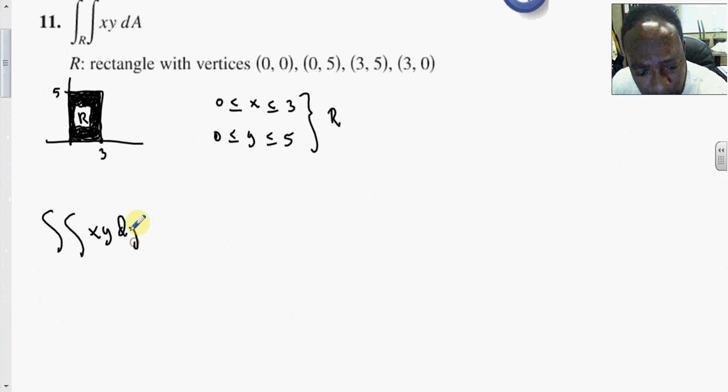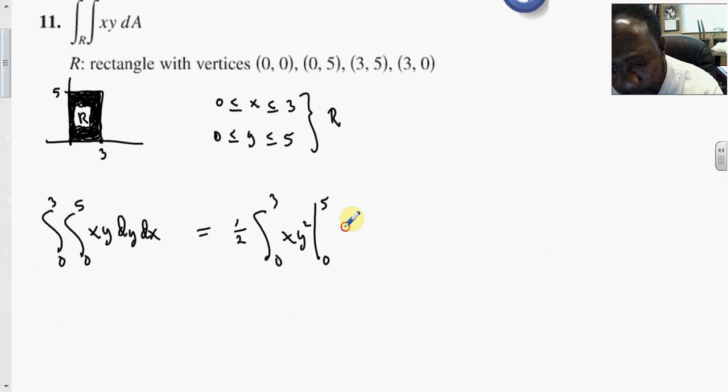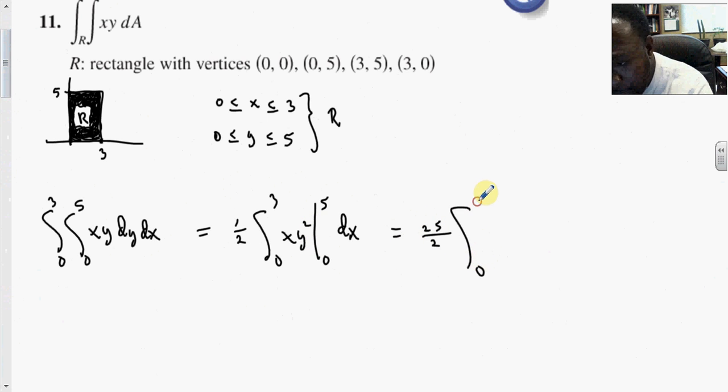We can do dy dx, where y is bounded from 0 to 5 and x is bounded from 0 to 3. So integrate with respect to y, that gives us 1/2 y squared. Evaluate the y from 0 to 5. So we get 25 over 2 times the integral from 0 to 3 of x dx.